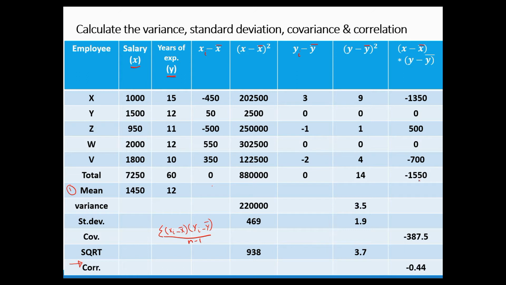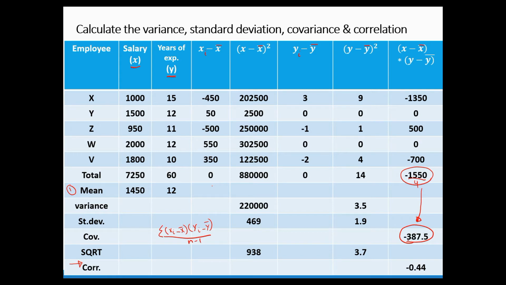We have here n, or 5 observations, minus 1, so we will divide negative 1550 by 4 to get the covariance.